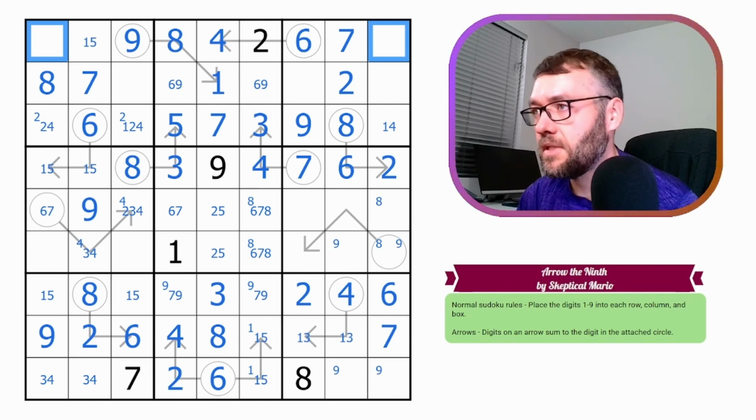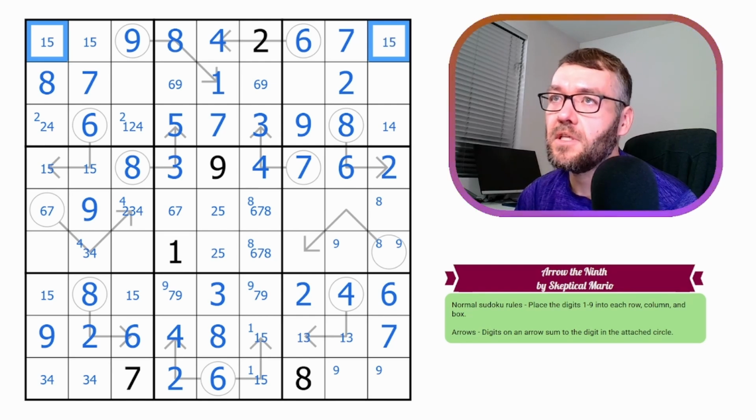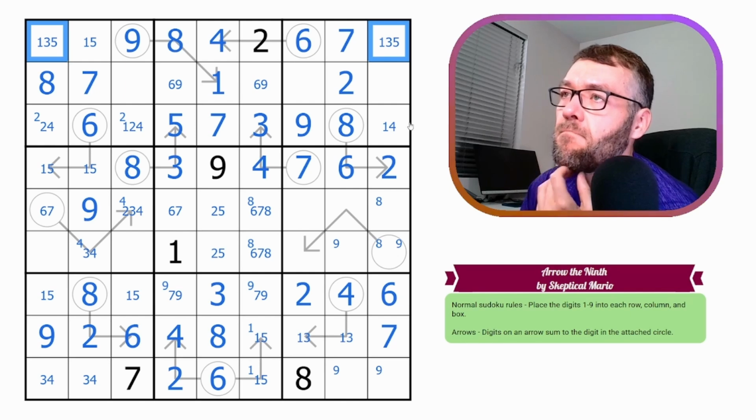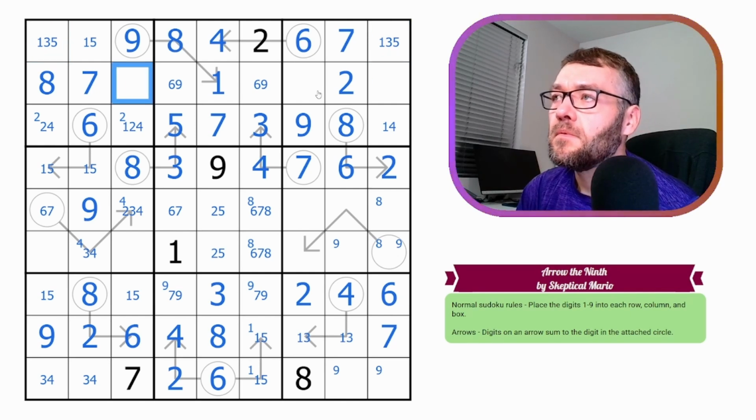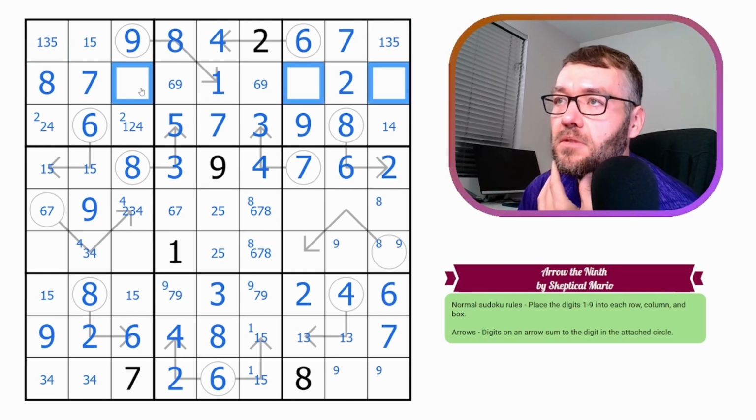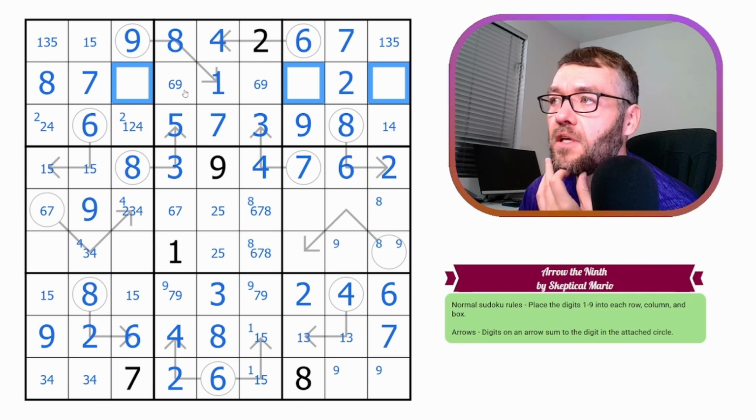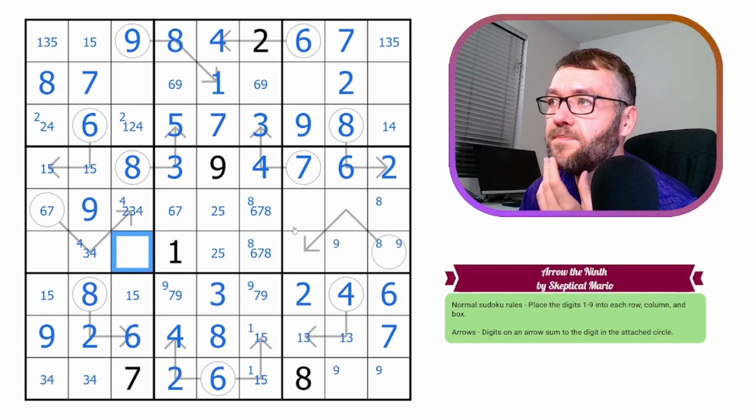Is that resolved at all? Doesn't look like it. What about this row? We have a 1, 2. We need a 3, 4, 5. That doesn't look like it's resolved. I think any of the 3 can go in any of those spots.